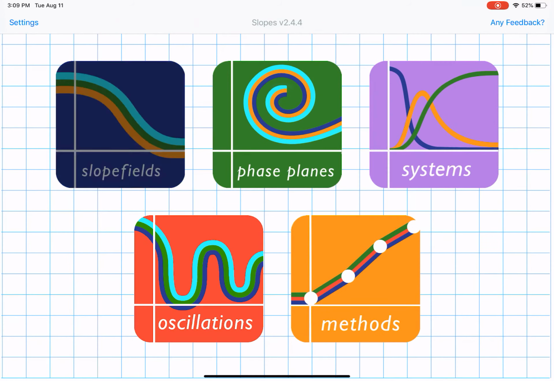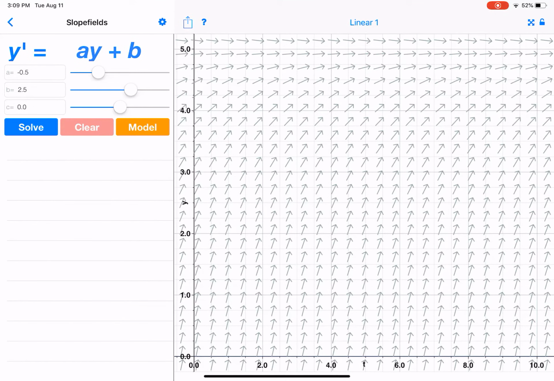If you want to look at slope fields for a differential equation, here's a differential equation, y prime equals ay plus b, where a is negative 0.5 and b is 2.5. Then you see a bunch of arrows laid out, and they give you the general trajectories of the solution to the differential equation. They tell you what the slopes are.